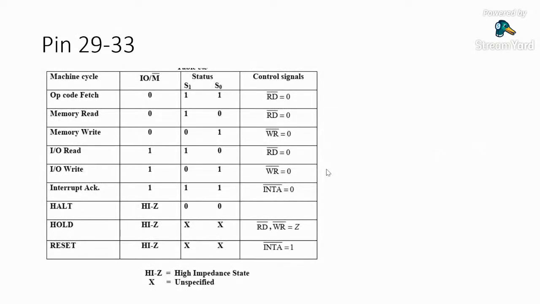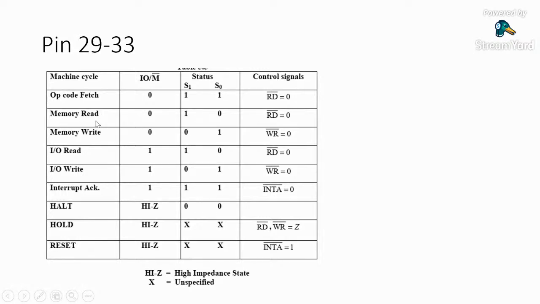Okay, this is pins 29 until 33. It is related with the status signals. When S1 is 1 and S0 is 1, you have an opcode fetch, and the control signal is read, active low, equal to 0.